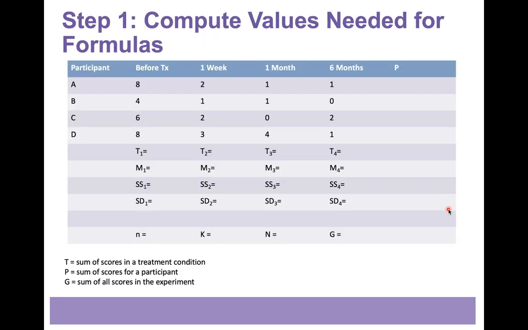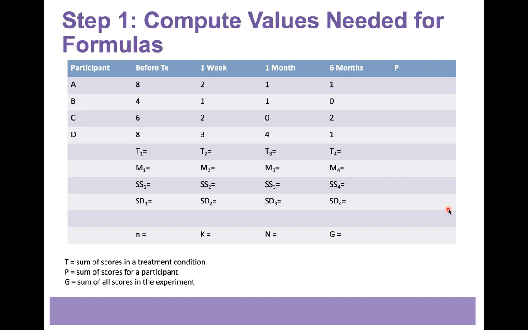So before we start, make note of this table. This is the type of thing that you will need to set up in order to appropriately mathematically conduct a repeated measures ANOVA.